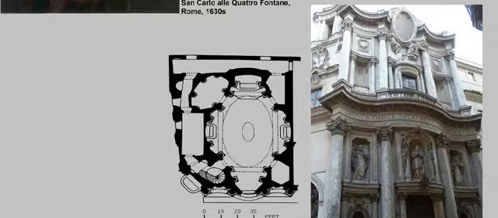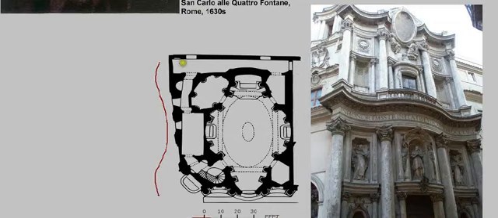So what you see here is obviously on the right, the facade of the church and the plan of the church on the left here. So right here is the plan of the church as you're looking down on it. And just to give you a sense of how this is set in the city of Rome, here's the plan over here. So there's a road here and a road here.